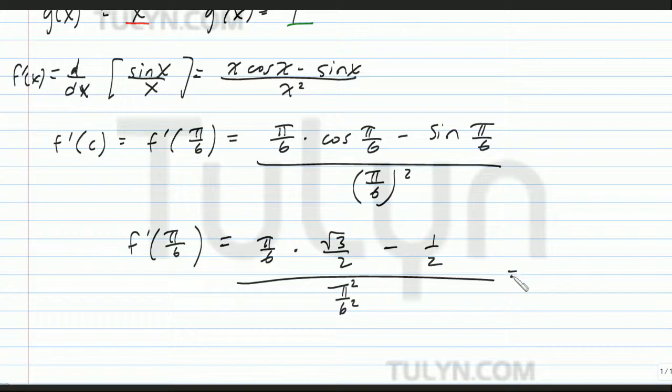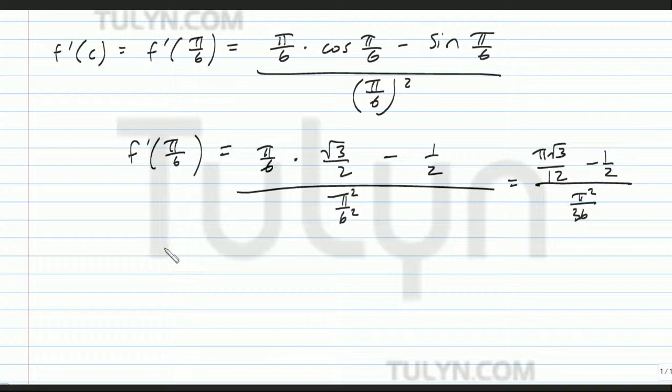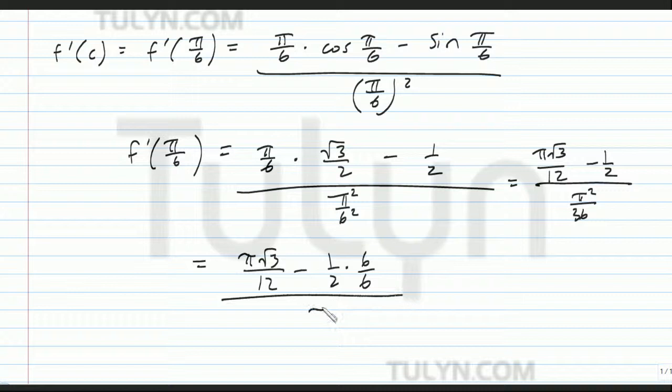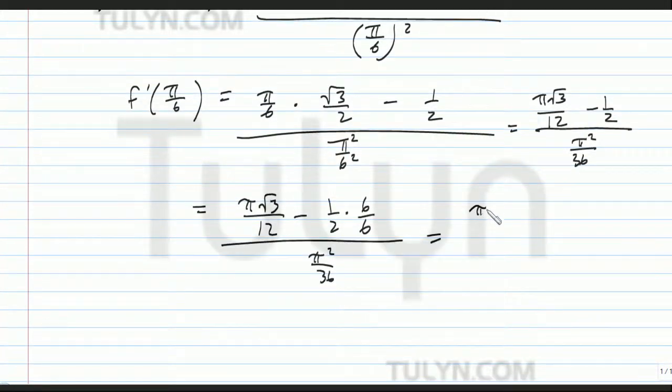squared over 6 squared. It's going to equal the numerator times numerator, which is pi radical 3, over denominator times denominator, 6 times 2 is 12, minus 1/2, divided by pi squared over 6 squared, which is 36. So then you're going to have pi radical 3 over 12 minus 1 over 2 times 6 over 6, all divided by pi squared over 36, and that's going to equal pi radical 3 over 12 minus 6 over 12 divided by pi squared over 36.